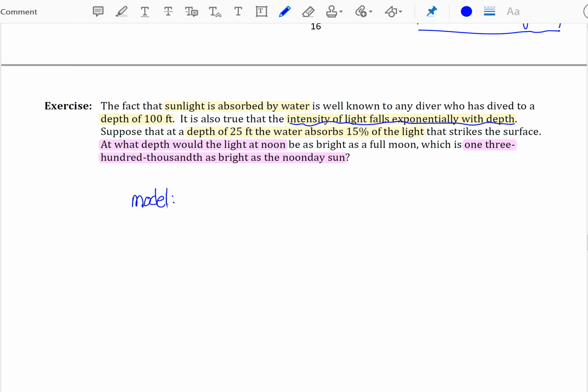This tells us that Q prime is equal to kQ, where Q of 0, and that's probably your initial depth, would be 100% of your light. But for simplicity, let's just say this is 1 as a decimal.